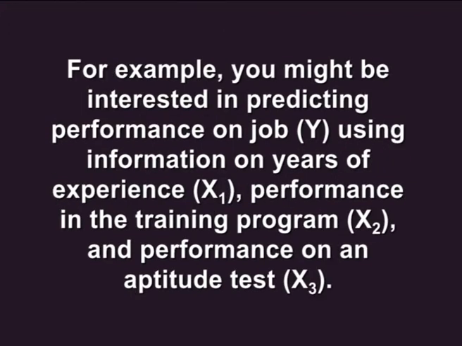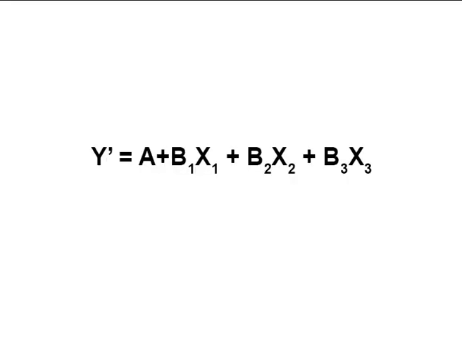For example, you might be interested in predicting job performance using information on years of experience, performance in the training program, and performance on an aptitude test. A multiple regression equation for predicting y can be expressed as shown on the screen.